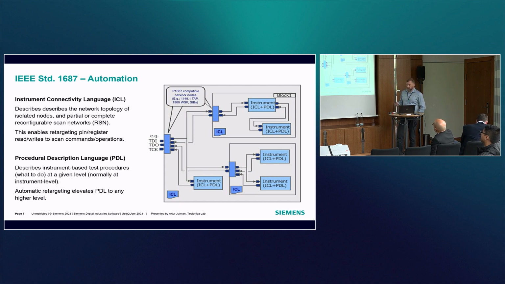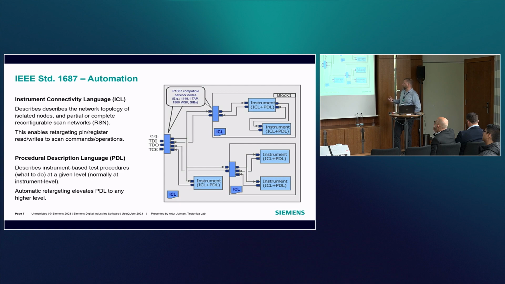There is automation behind it, which would collect all the subchains together in the top level chain, and the PDL, procedural description language, that normally describes the test procedures or control procedures for a particular instrument locally.